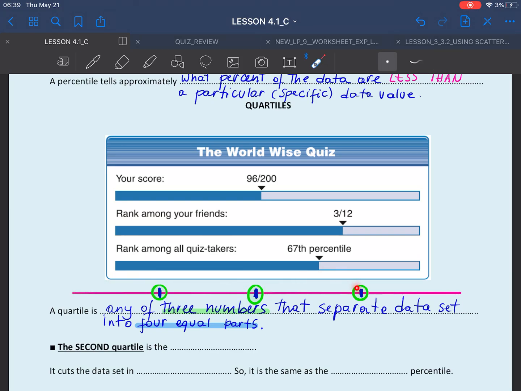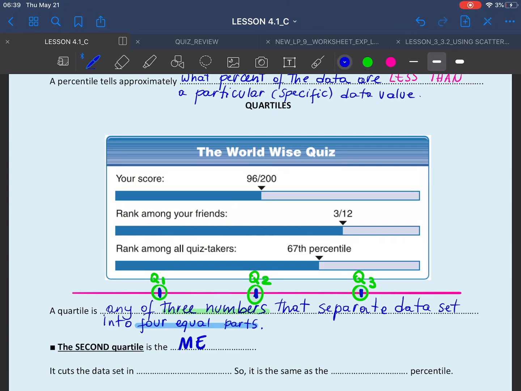Those 3 numbers have divided our data set into 1, 2, 3, 4 data sets, and they're equal to each other. Now, the very first number here is called the first quartile, so that's Q1. The second number is called the second quartile, Q2. The third one is called the third quartile, or Q3.